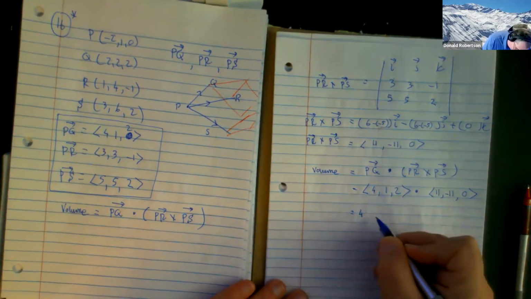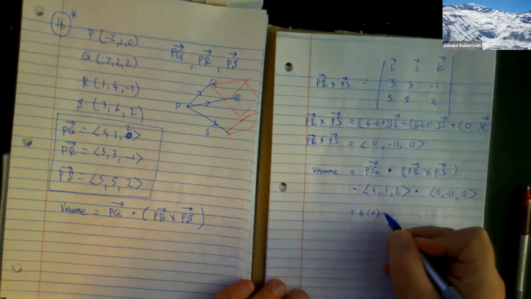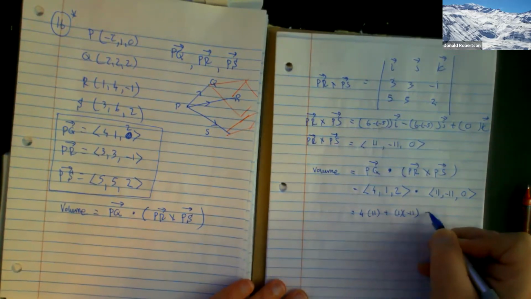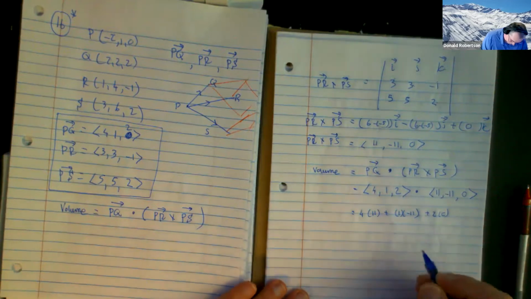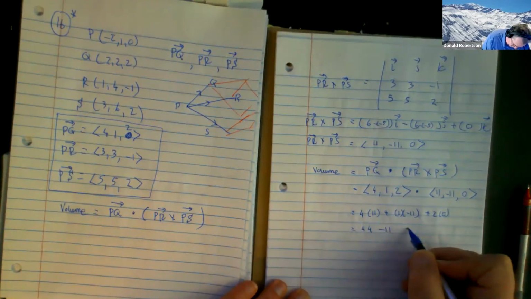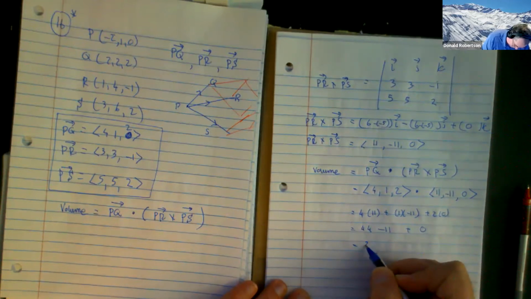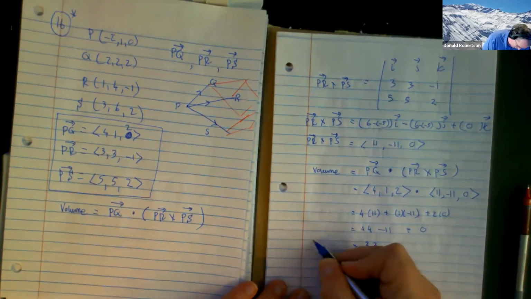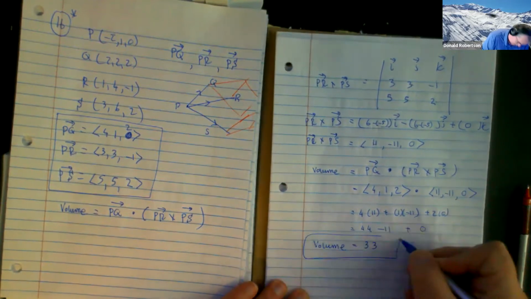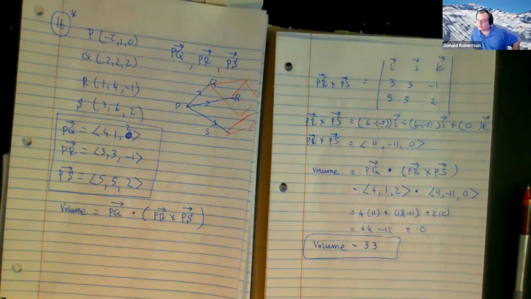So you'll get 4 times 11 plus 1 times -11 plus 2 times 0. That's 44 take away 11, add 0, and that ends up being 33. So I don't need to fix anything. And yeah, it's the right answer.